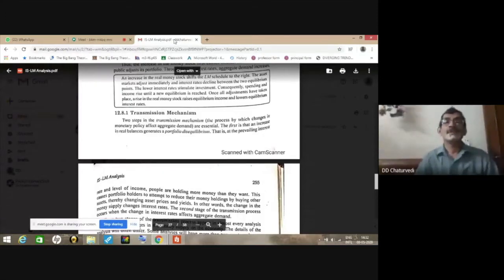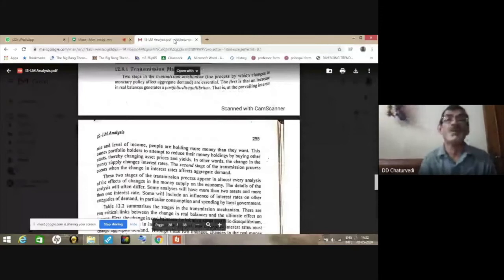The process by which this happens is known as the transmission mechanism, and there are two steps. The first step is that there is an increase in the real balances. That will initially cause disequilibrium in the portfolio. That means at the prevailing interest rate and the level of income, people are having more money.